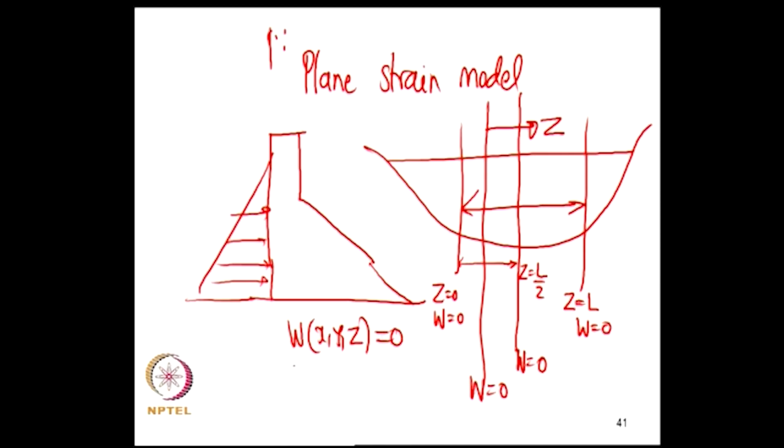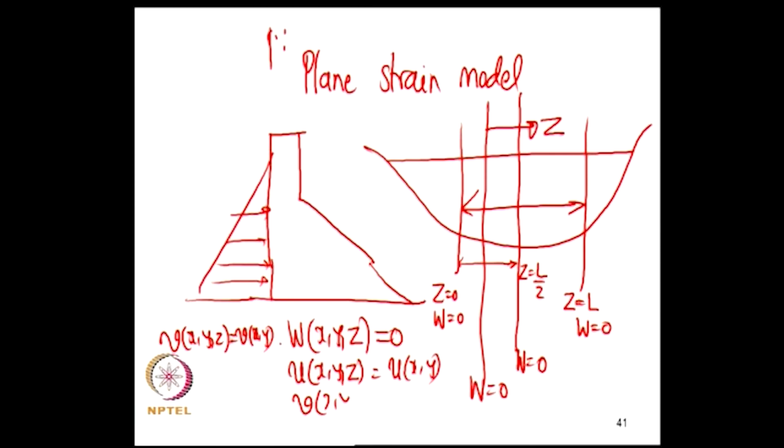And next we assume that u of x, y, z is a function of x, y only, u of x, y, and similarly v of x, y, z is v of x, y. So this is the displacement field we will assume: w is 0, u is a function of x and y, and v is a function of x and y.